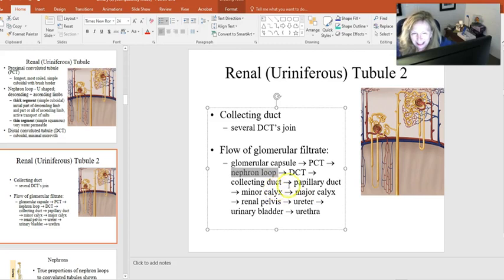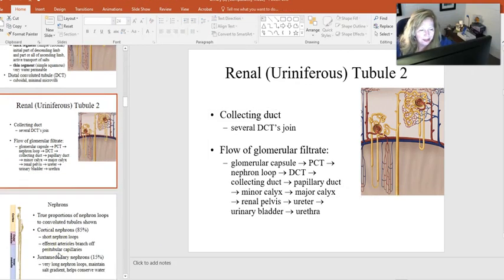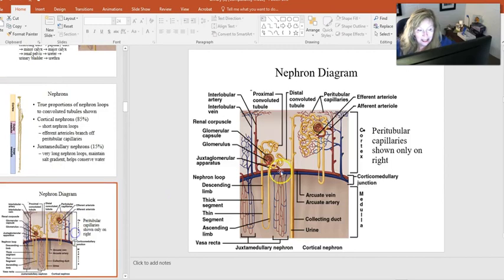It finally becomes urine because no more reclaiming is happening, and enters into the minor calyx, the major calyx, the pelvis, the ureter, the bladder, and eventually is excreted through voiding from the urethra. So I hope that makes sense to you, and this is exactly how the kidneys are filtering.